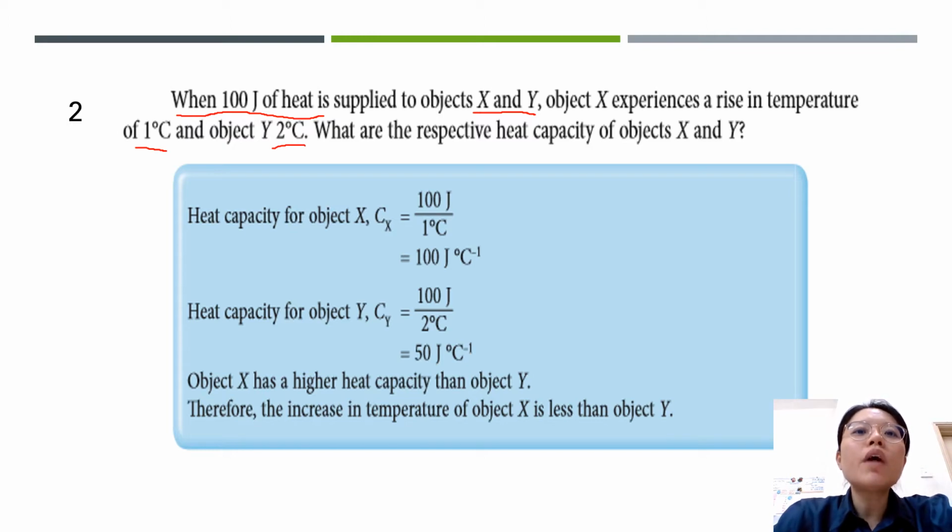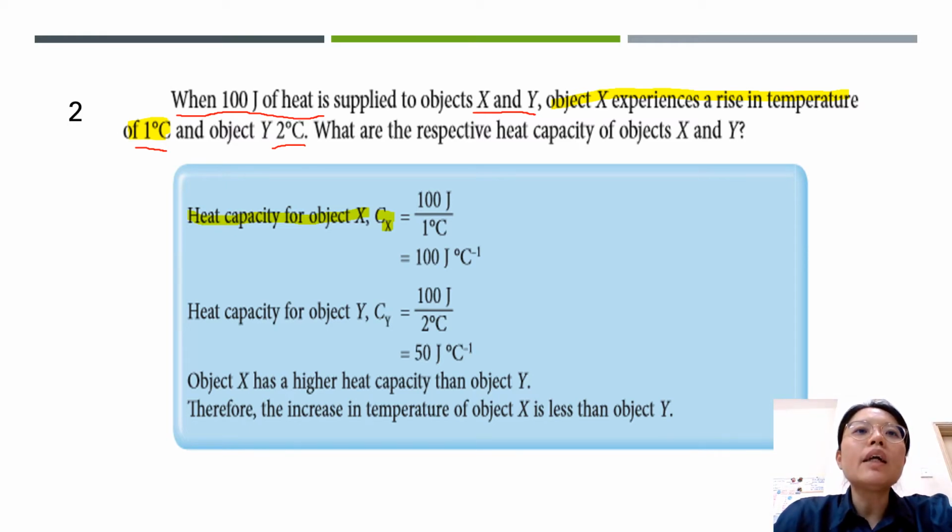First, the heat capacity for object X, which we represent by C with the subscript X. Given 100 joule divided by 1 degree Celsius, because stated in the question, object X experiences a rise in temperature of 1 degree Celsius. After we substitute, we get our answer, 100 joule per degree Celsius.